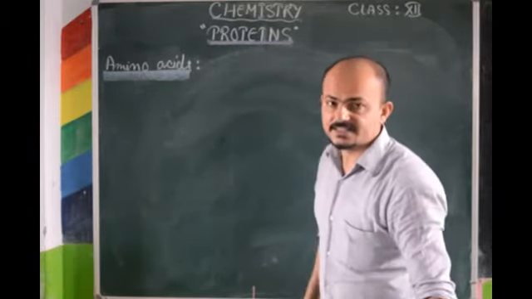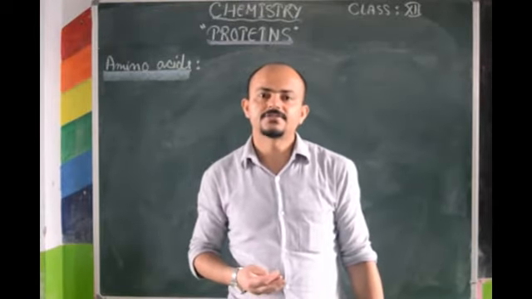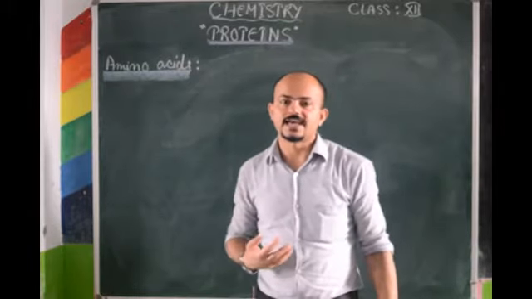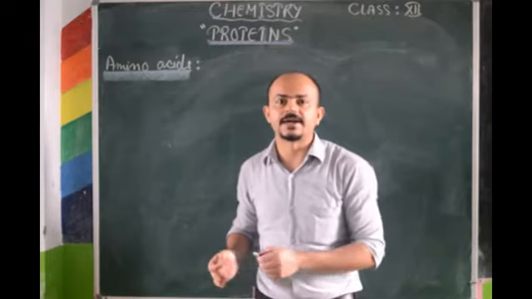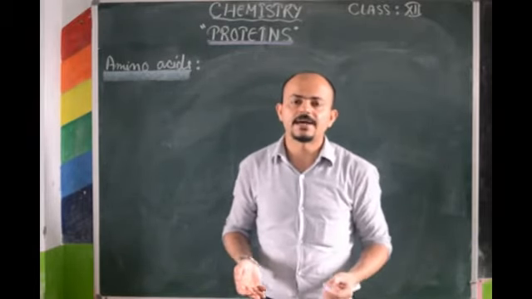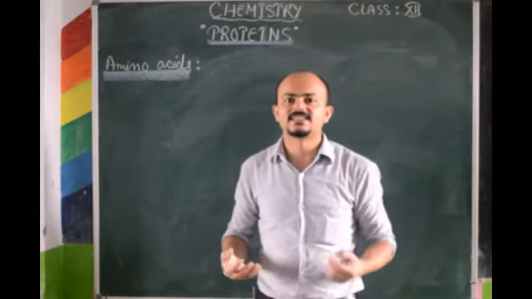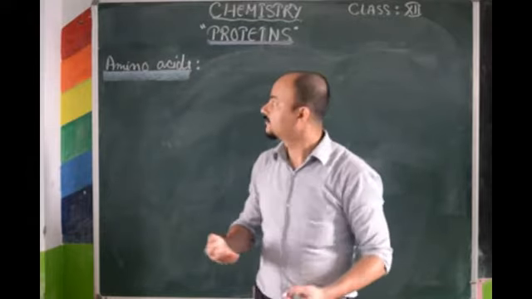Amino acids are classified as essential amino acids if they cannot be synthesized within our body and have to be supplied from an outside source. Non-essential amino acids are those which our body can synthesize. So that was the classification of amino acids.